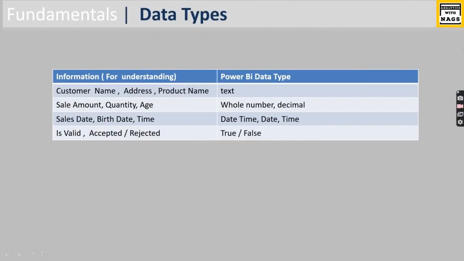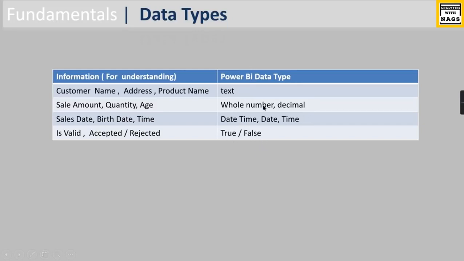Let's move on to data types. Data types are building blocks, very fundamental for any programming. Similarly, DAX supports the following data types: text, whole number or decimal for numerical values, date and time, and true or false, boolean.